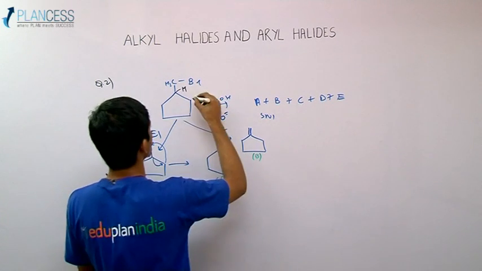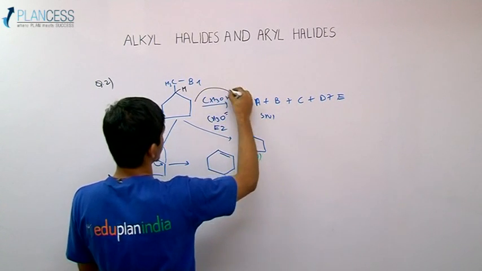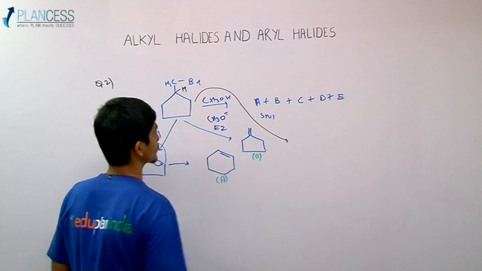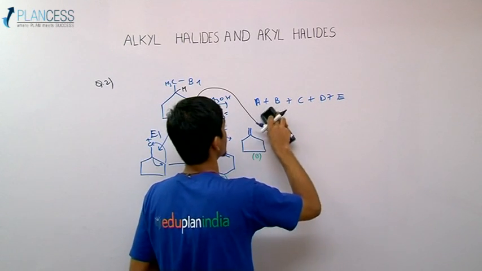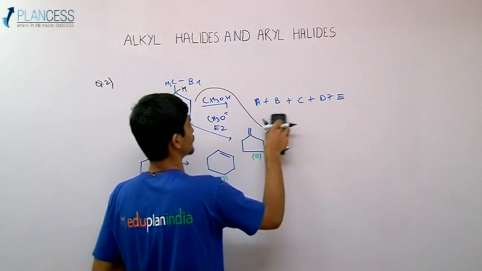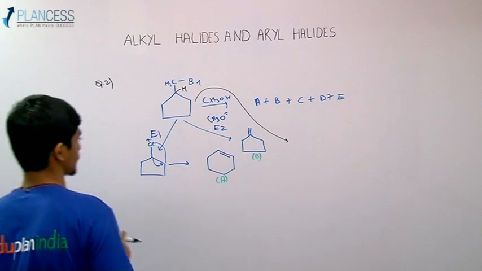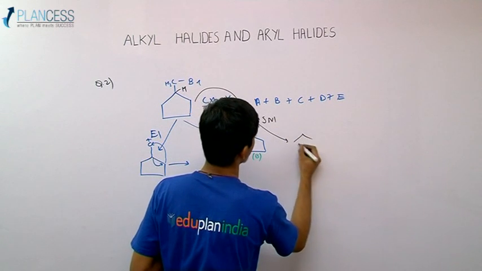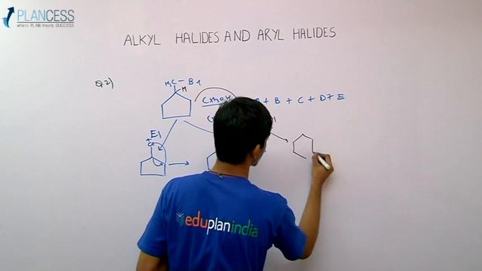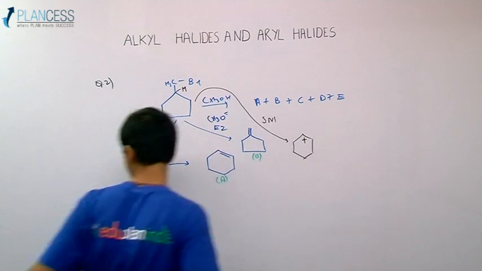And where exactly do you get the carbocation? You get it at the same place as in E1, that is, the alkyl halide just leaves. So the first step is the same in SN1 and E1. So directly I am writing the rearranged carbocation, that is this.